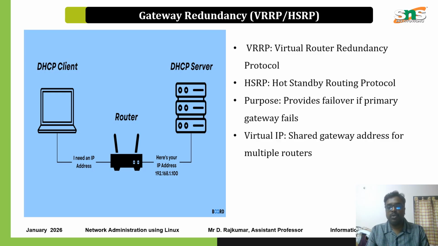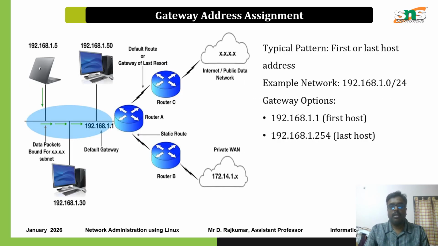These protocols help us make a redundant process or act as a standby, so that if something fails, this takes control. Here the virtual IP is a shared gateway address for multiple routers.